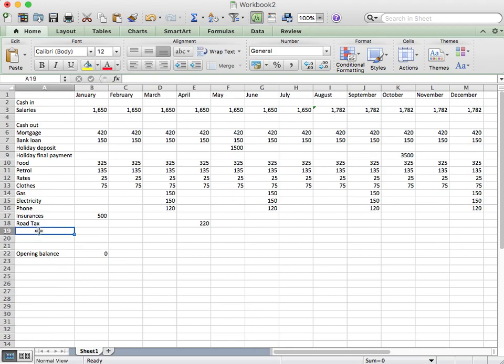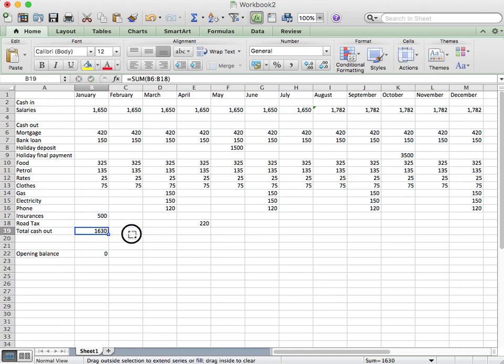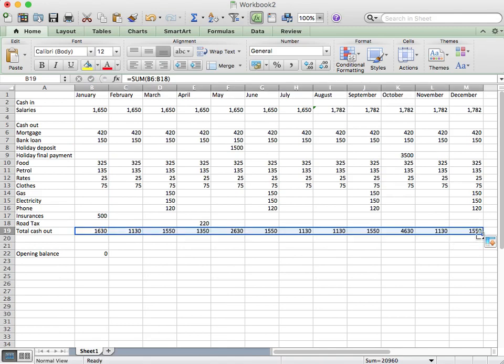Okay, so I need a total line for the cash out, so I'm going to give a nice descriptive total cash out, and that equals the sum of all of these cells. That sums everything in that line, and I copy the sum all across. So what Excel does now is just computes the sum of these cells, pops it in there, these cells and pops it in there, etc.